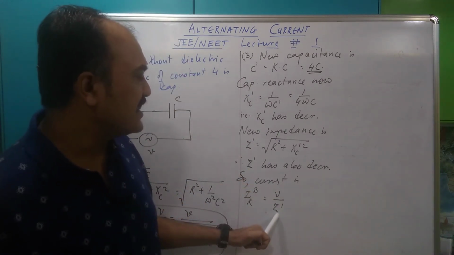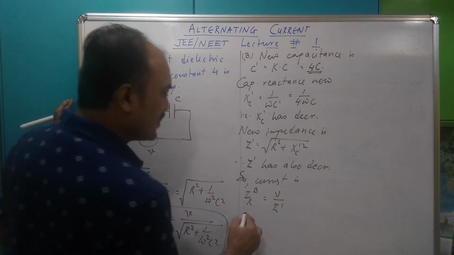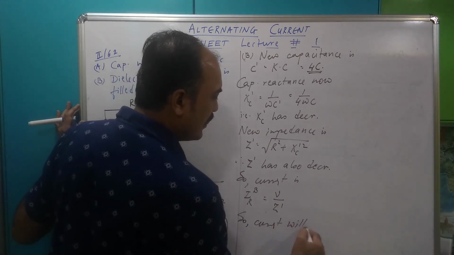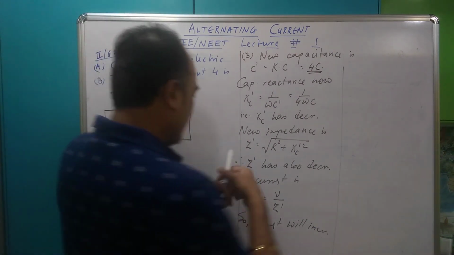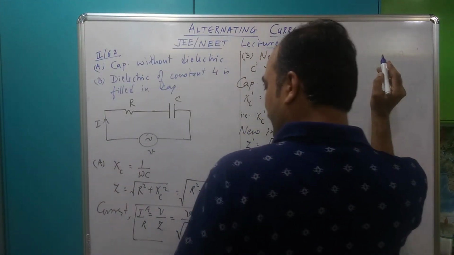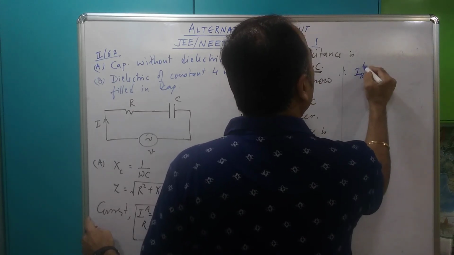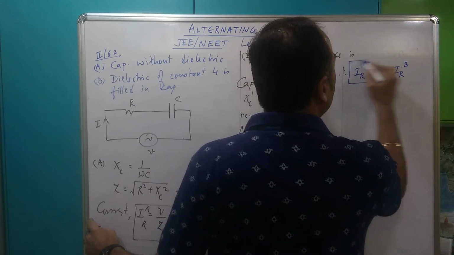Now if Z dash is decreasing and V is remaining the same, do you agree IR will increase? So current will increase. So where does that leave me? Where is my equation final? So the current will increase. So IRA is less than IRB.